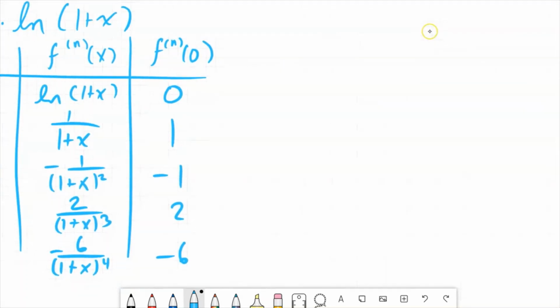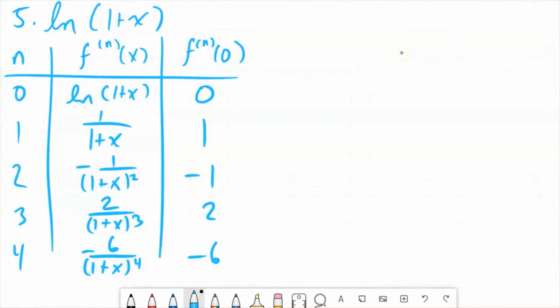Okay, now we go to the Maclaurin part of it, the infinite series from n equals 0 to infinity of this form. And what do we get?